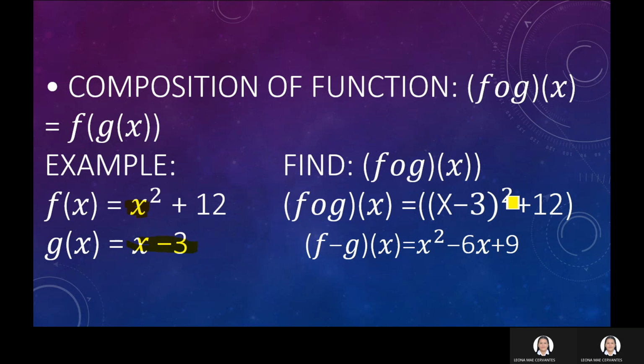Okay? So (x minus 3) squared plus 12. So we have x squared minus 6x plus 9.